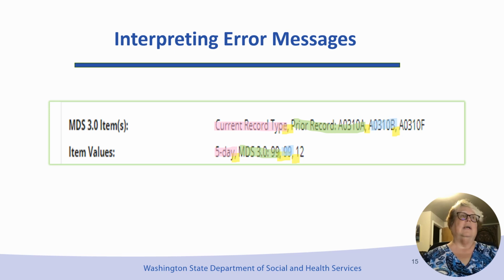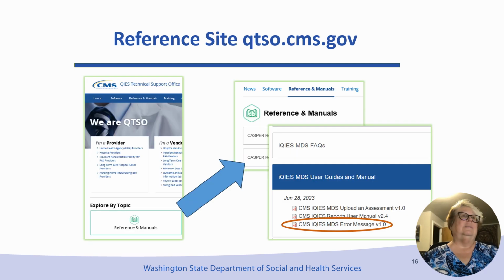So there is some very detailed specific information that you can get by having some of the records in an incorrect order, but they'll keep it. It's okay. If you need more information on all the error messages, there is a manual on the QTSO, the QAPI Technical Support Office, website.